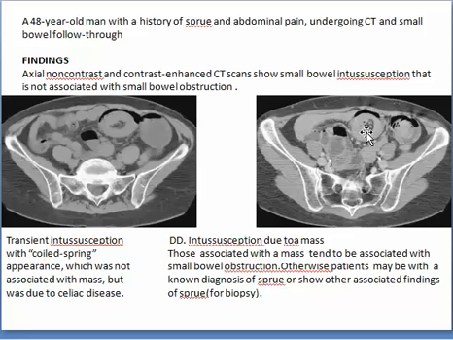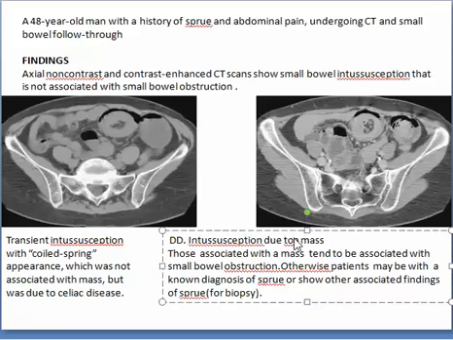The differential diagnosis is intussusception due to a mass, or the associated celiac disease. So celiac disease is the other possibility. Those associated with a mass tend to be associated with small intestinal obstruction.